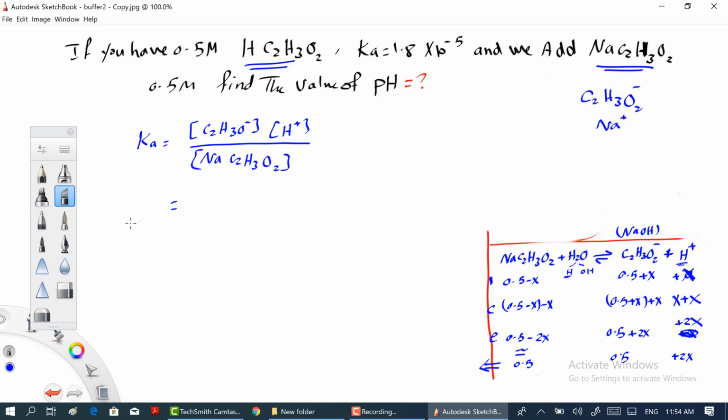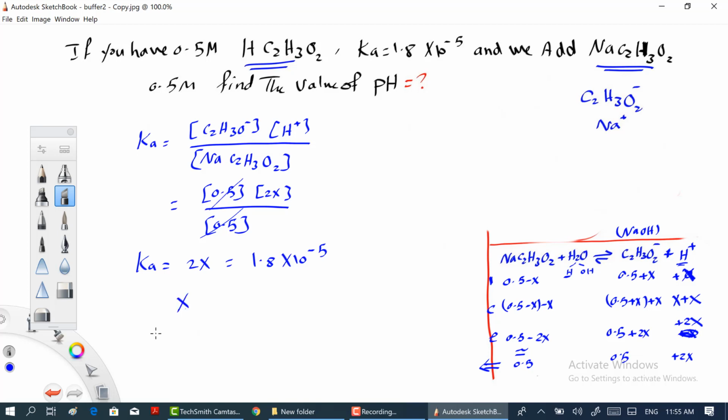It will be 0.5 multiplied by 2x over 0.5, so K equals 2x. 2x equals 1.8 times 10 power negative 5.